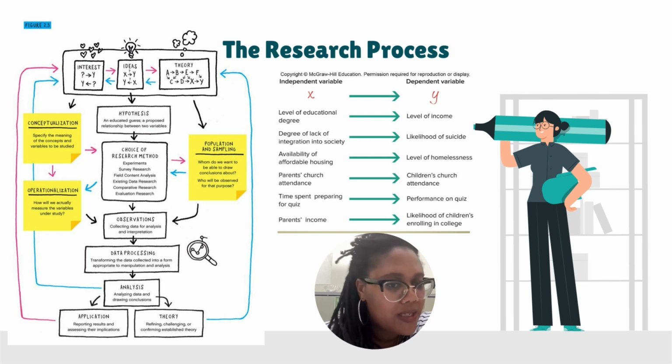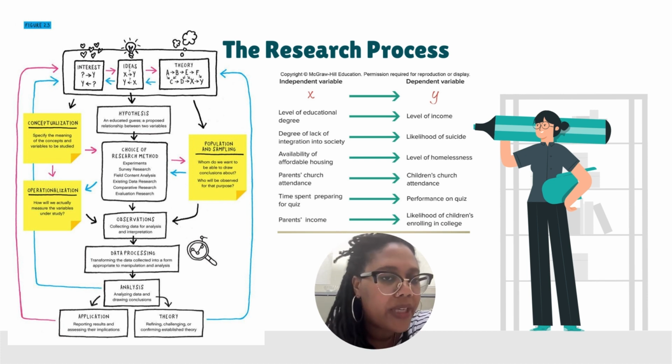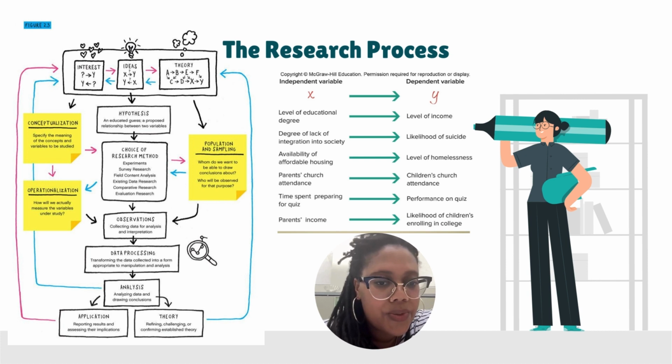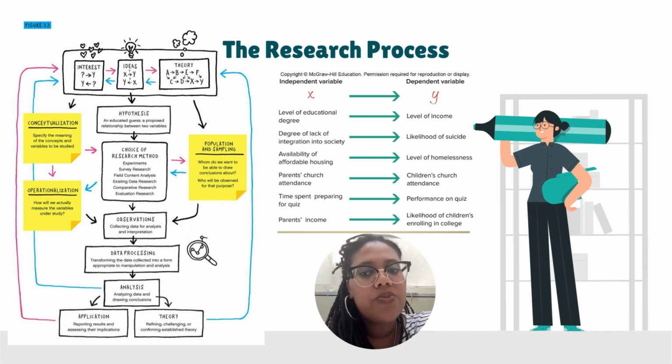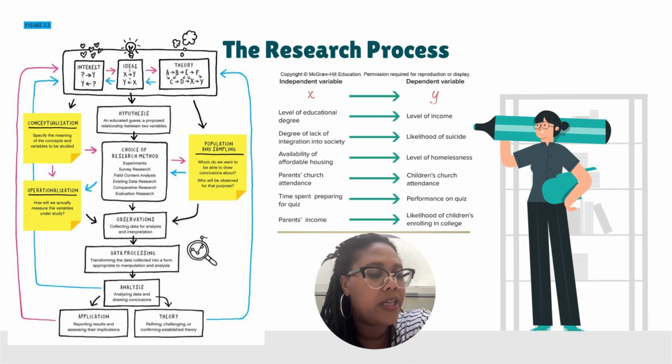Give us every detail of what the environment was like, when it was done, who was in your sample, who is the population, what statistical tests and analyses did you use to get to your results, okay? This is really important because it tells us how likely you are to obtain the same result using the same measurements if you're in a similar environment and the conditions are the same, right?